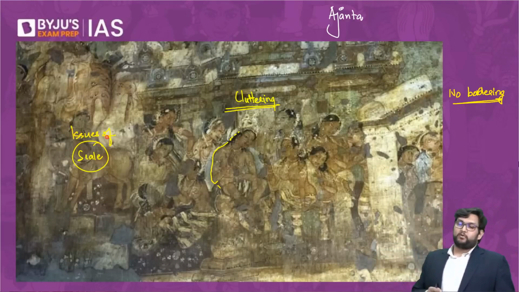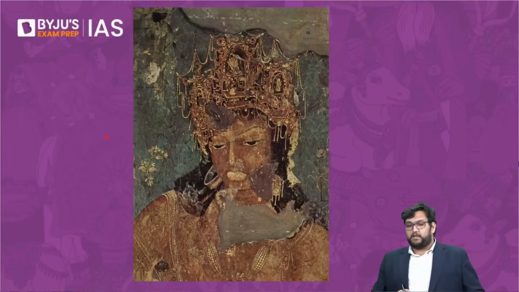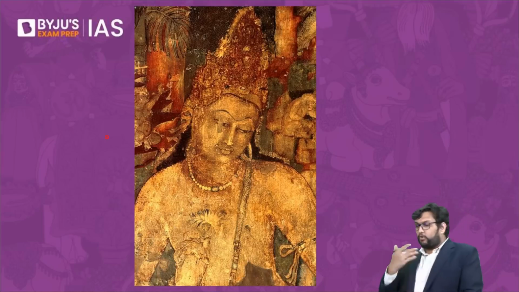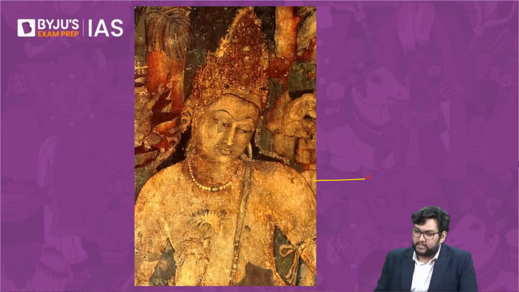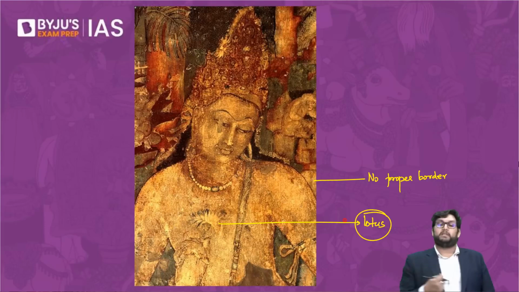But if I go to Bodhisattva Padmapani or Vajrapani, what I realize is that there is one more set. The same things are there: no proper border. You also have the one who holds the lotus in his hand, which is why it's called Bodhisattva Padmapani.